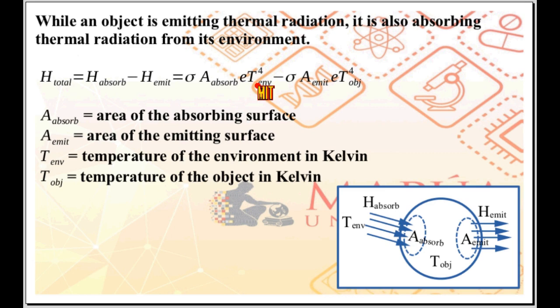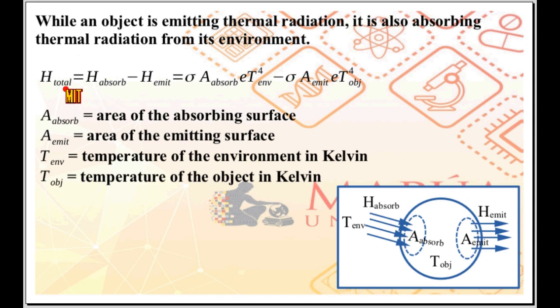And T, of course, is temperature of the environment from which H absorb came from. And again, don't forget the fourth power. So H total is equal to H absorb minus H emit, which is equal to sigma A absorb E T environment to the fourth power minus sigma A emit E T object to the fourth power.